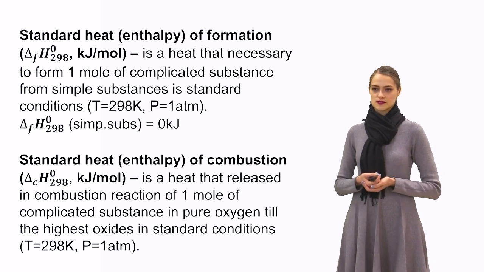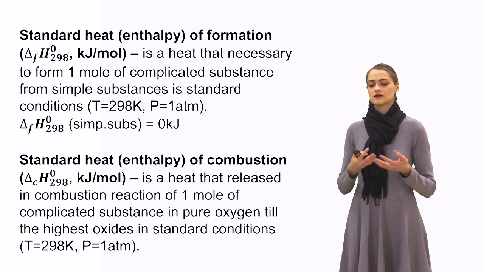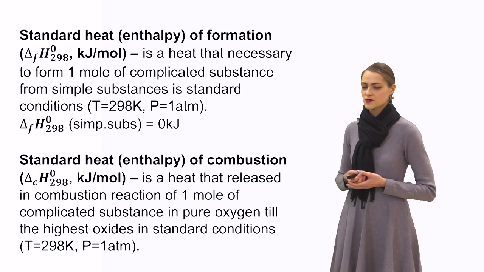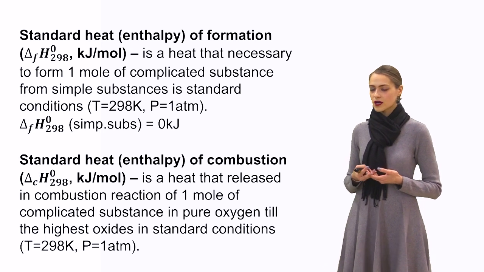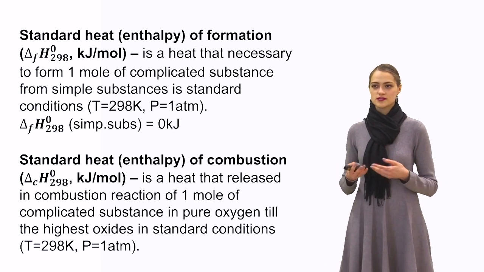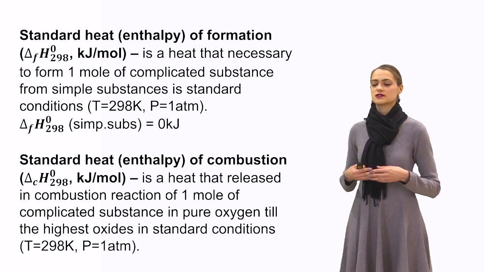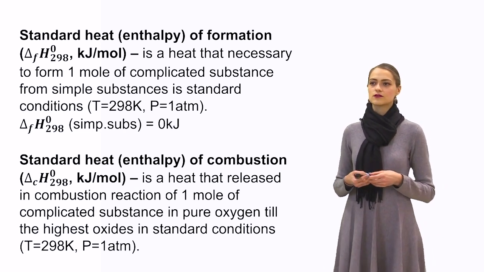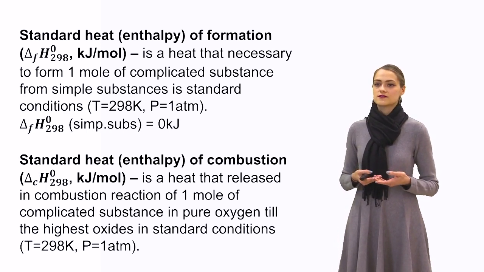What does it mean, highest oxide? It is when the element in the oxide is in its highest state. For example, for carbon, we have monoxide and dioxide, CO and CO2. And we can say that CO2 is the highest oxide because carbon here is in its highest valency, equal to 4.